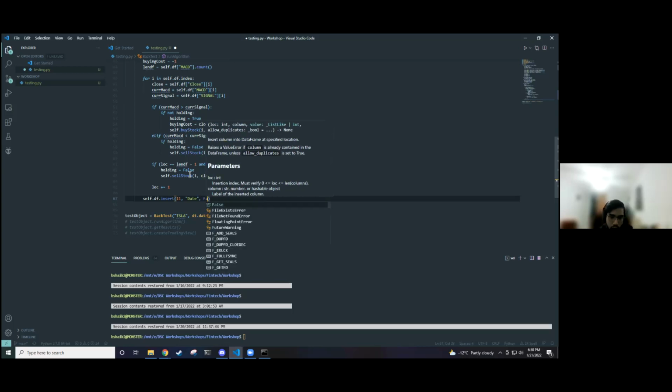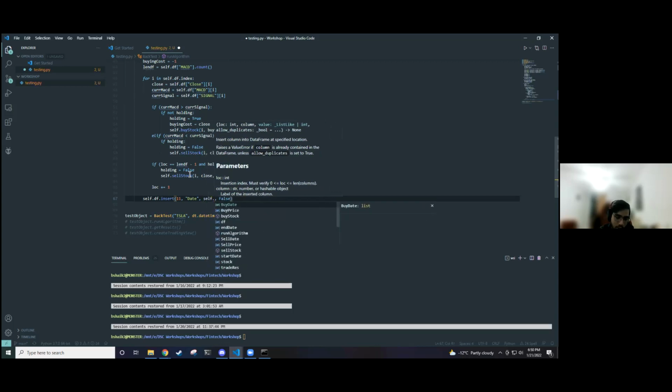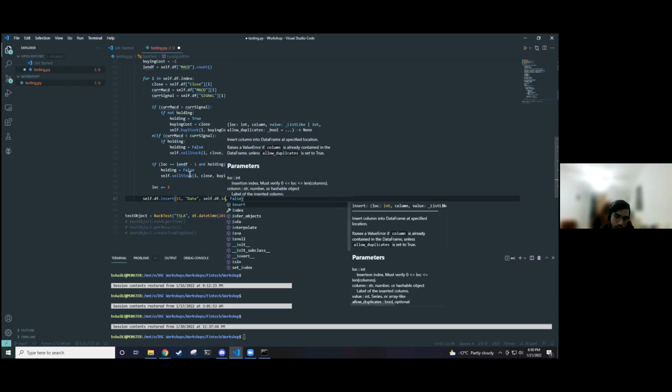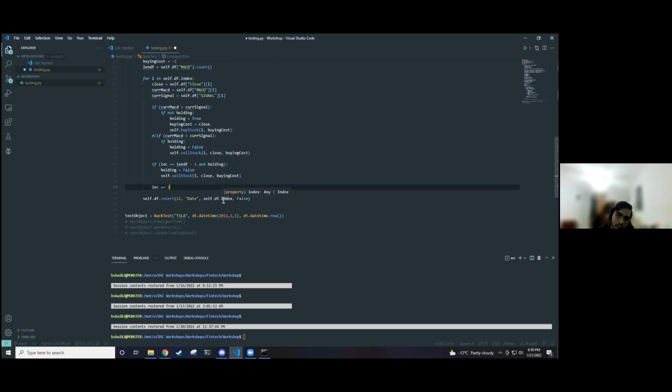So we're going to do that, and we're going to set false here. And with that, no, I'm missing something here. Yep, sorry about that. What I'm missing is self.df.index. So this is just an array of all the dates that the data frame has that we got. So we're inserting the dates back into the table.